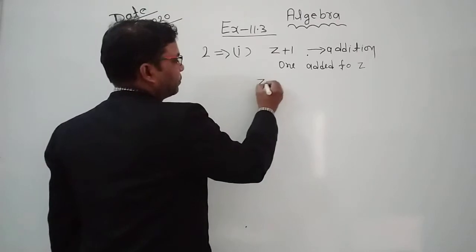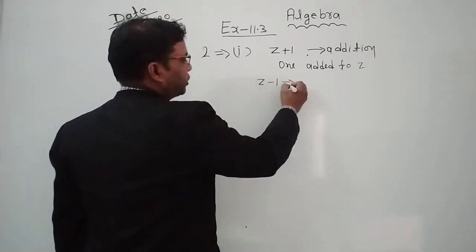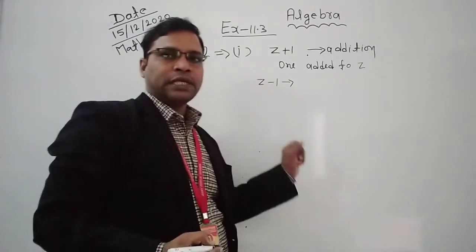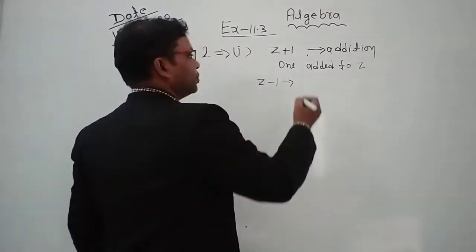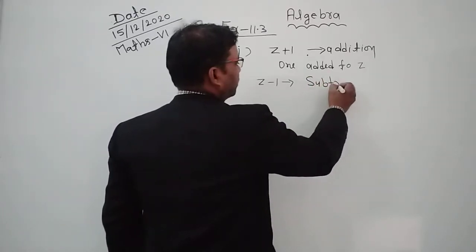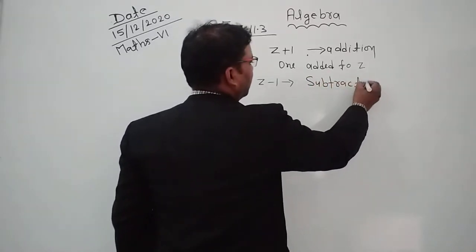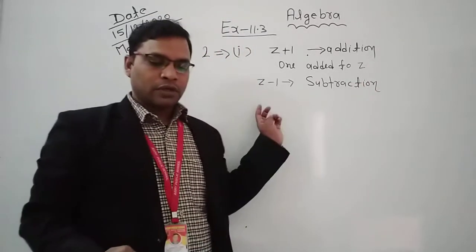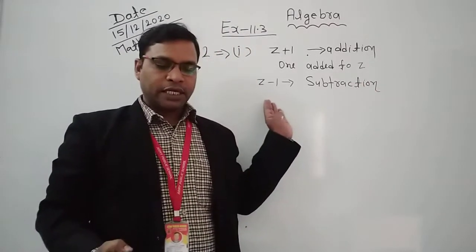Z minus 1. So which operation is used? Here you can see this is minus, meaning the subtraction operation is used here. So you write here: subtraction operation is used. How has the expression been formed?